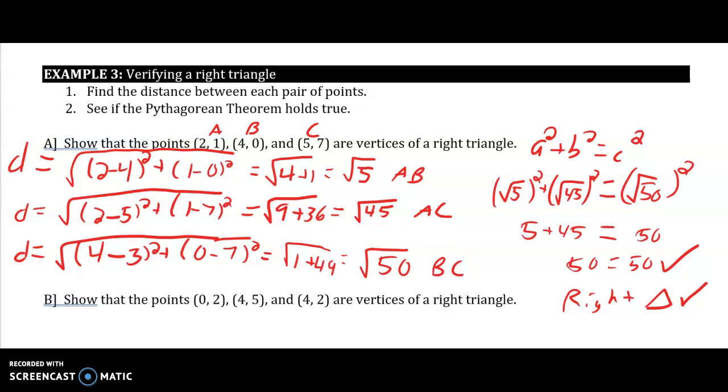From geometry, if you recall, if these are not equal, you could still tell it's not a right triangle, but you could tell if it's an acute triangle, which means all the angles are less than 90, or it's an obtuse triangle, which would mean one angle is bigger than 90. If this is larger, that means it's an acute triangle, the 2 sides together. If the other side, the third side by itself, is larger, then it's an obtuse triangle.